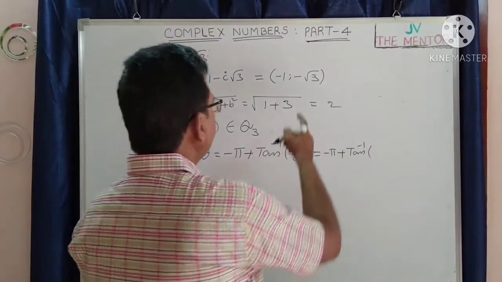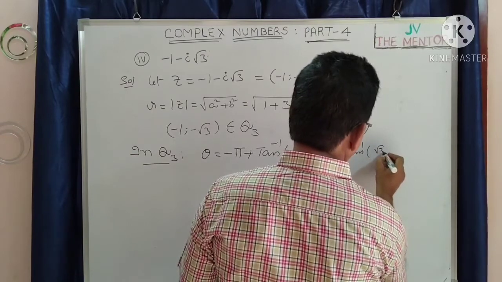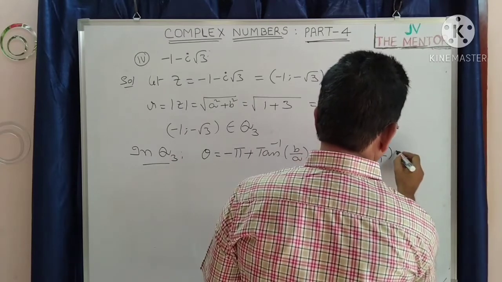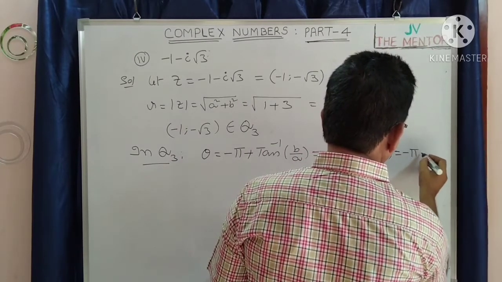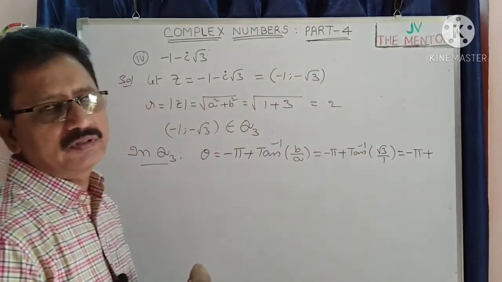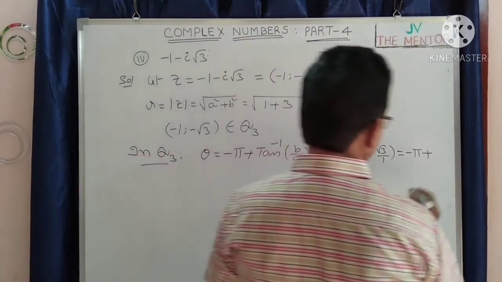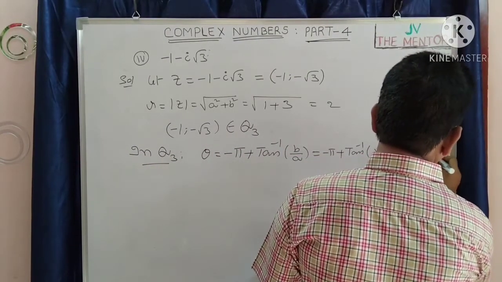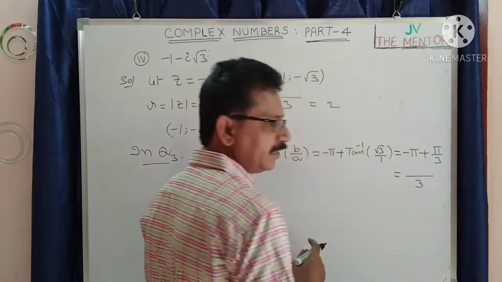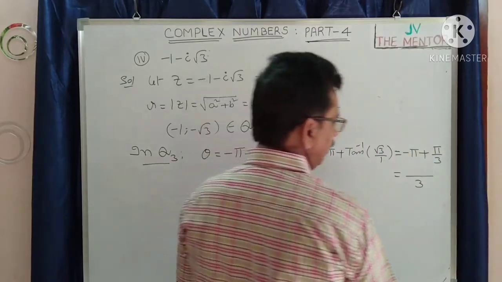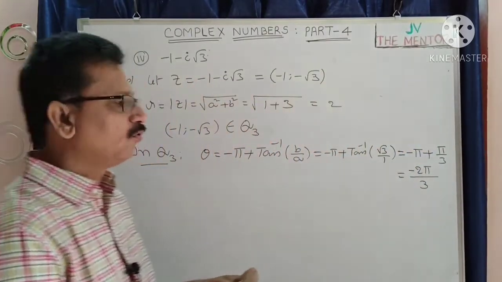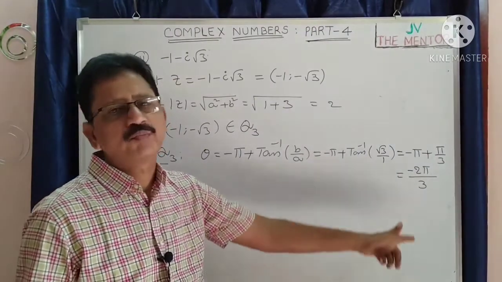What is the value of b? Here root 3. What is the value of a? Here a value is 1. That equal to minus pi plus tan inverse root 3. Tan inverse root 3 is pi by 3. Now taking LCM, here LCM is 3. Here minus 3 pi plus pi. Minus 3 pi plus pi is minus 2 pi. So the value of theta is minus 2 pi by 3.